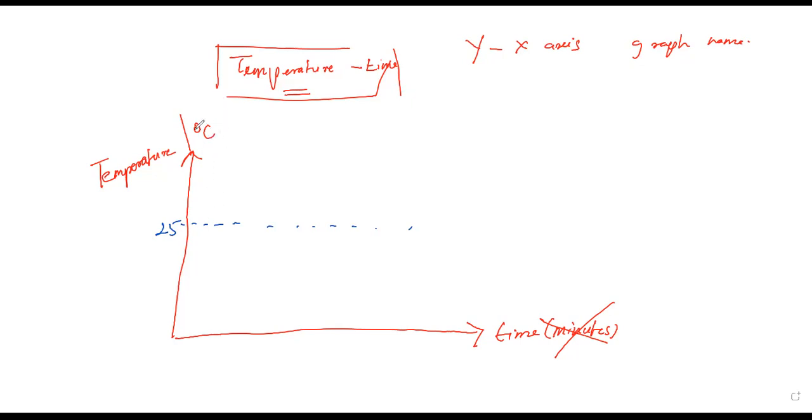Because the axis clearly mentions the unit. You should not repeat it again like this. If so, that is wrong. You understood, right? So what do you want to write here? Just 25, right? And I mark the axis.